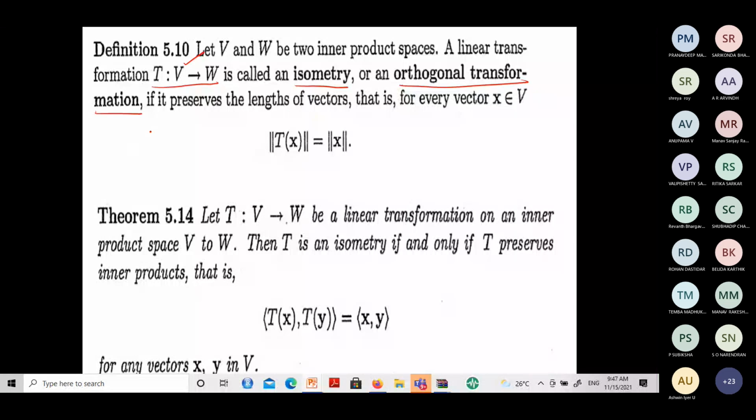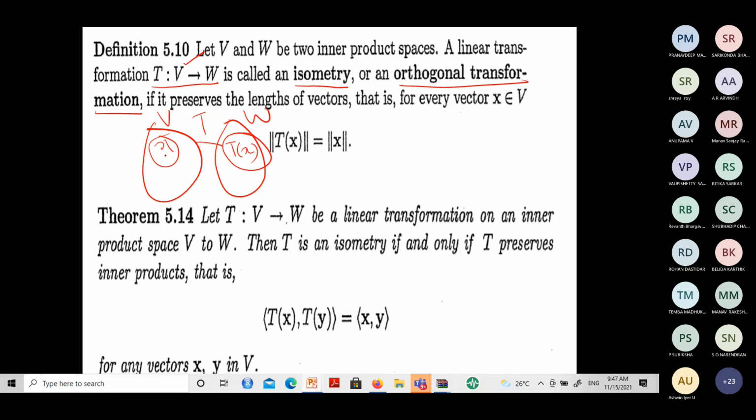That is, in V, if you consider any vector x, since T takes x to T of x in W, the length of x and the length of T of x should be the same.